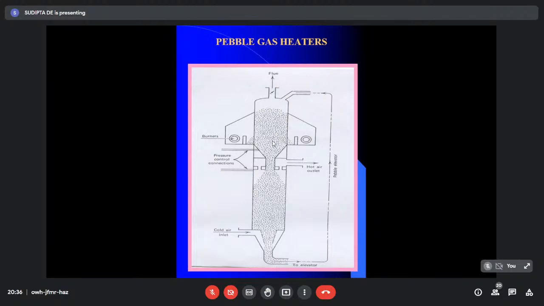These pebbles must have good heat capacity and surface texture for higher heat transfer. Full stop. Also, the size and shape of the pebbles have some effects on the heat transfer performance.